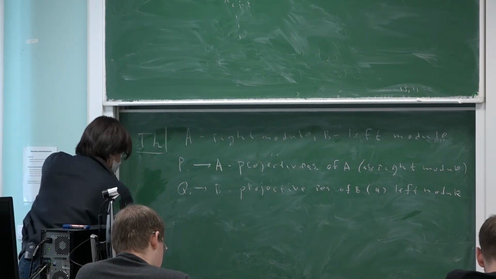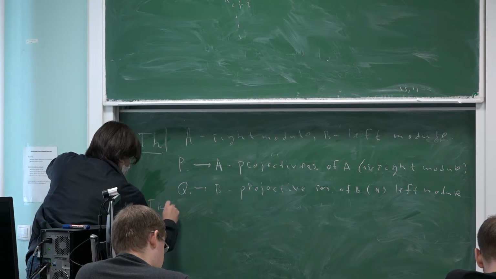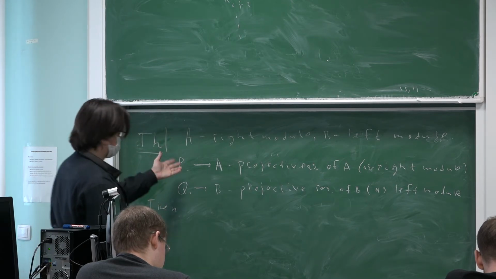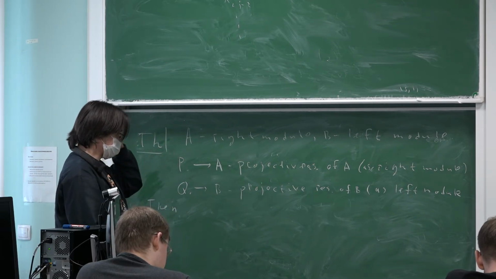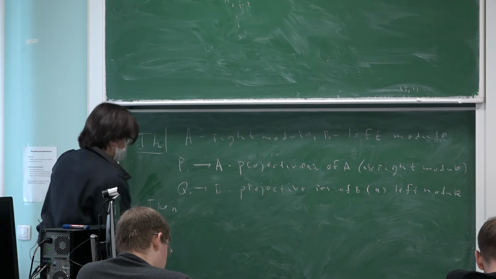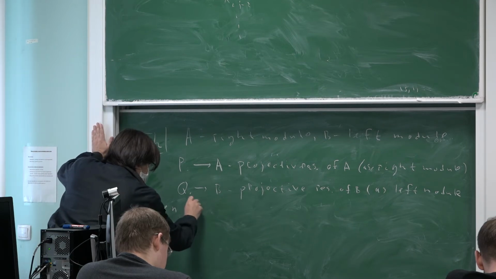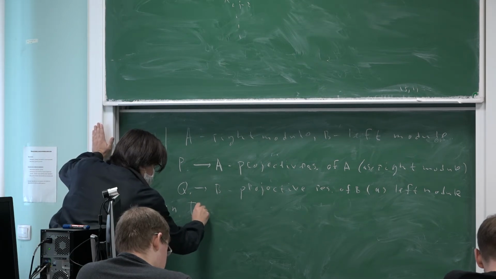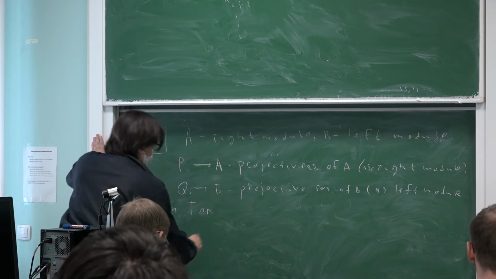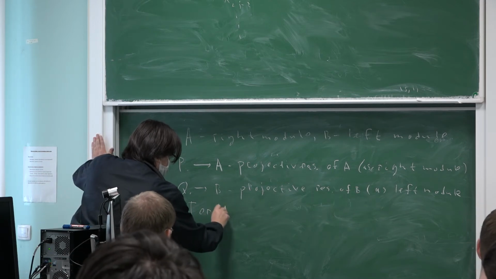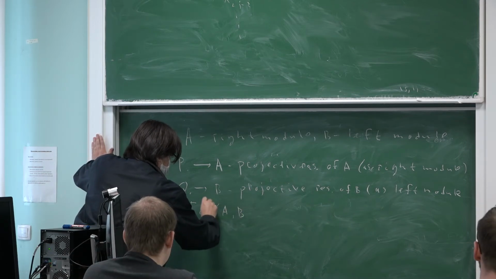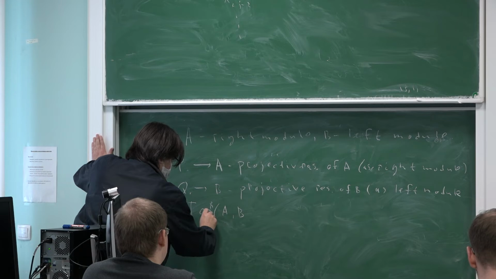Then we can form the tensor product complex, and the theorem states that the homology of this tensor product complex is exactly Tor of A and B.